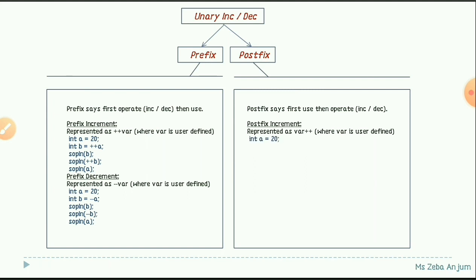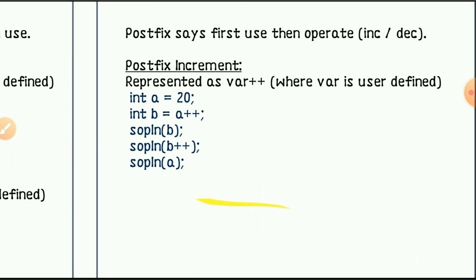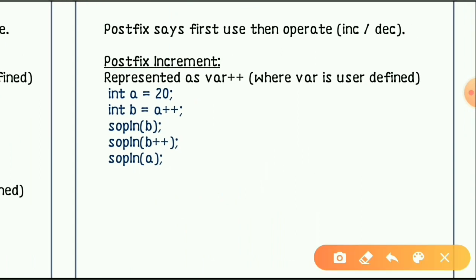Now again let us see one example. The example is quite same. Now let us try to find out the output for this kind of code. Now see, we are having a equals to 20, b equals to a++. So again the value of a is now 20, b will be having a++. So see, this is the postfix operation.